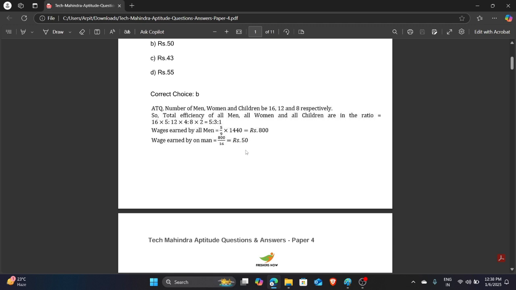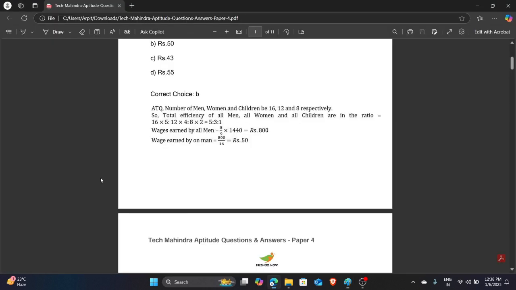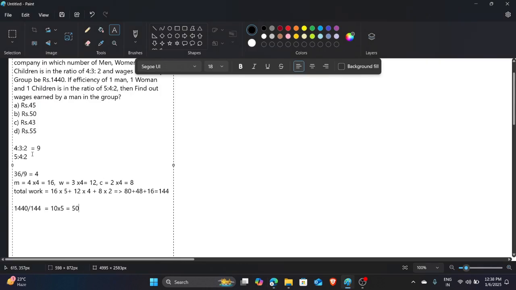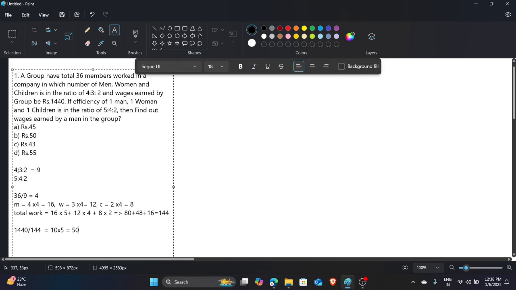There are two ways of doing it. How you want to do it depends on what you like. So I will explain both methods again. In this method, I first write the ratio of the members, and then I write their efficiency.